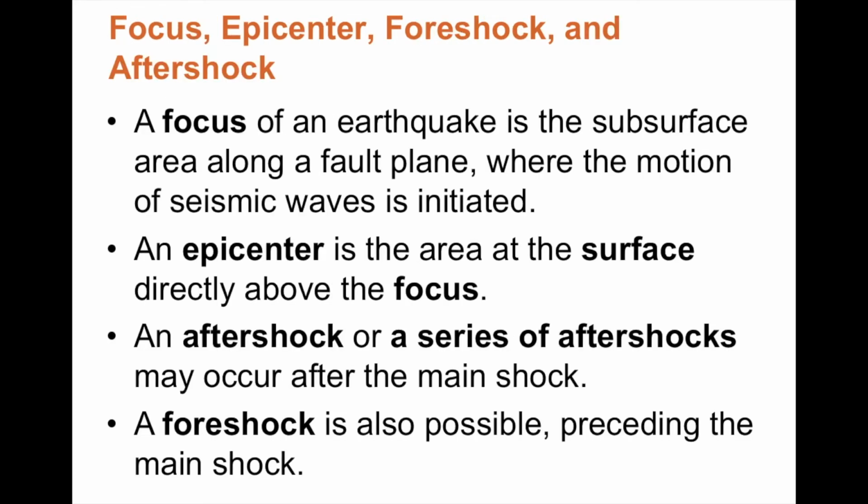Now, there's a focus of an earthquake, which is the subsurface area along the fault plane where the motion of seismic waves is initiated. An epicenter is the area of the surface directly above the focus, and you can have aftershocks after the main shock and foreshocks, which are small seismic waves prior to a larger earthquake.